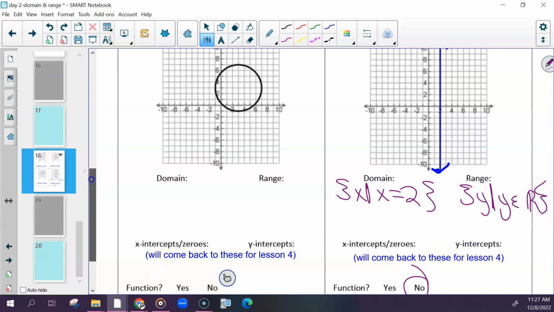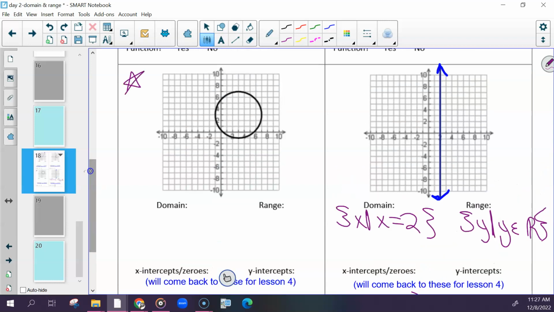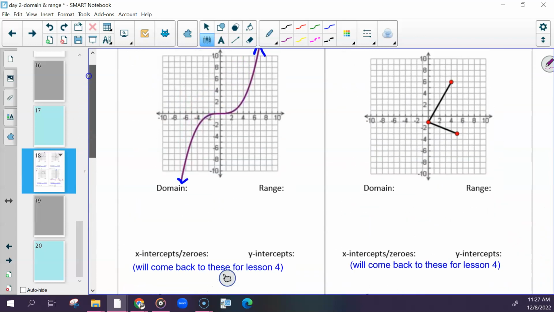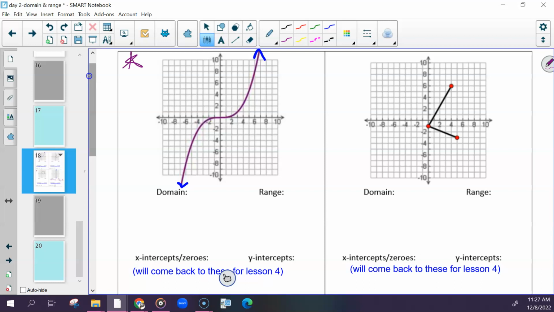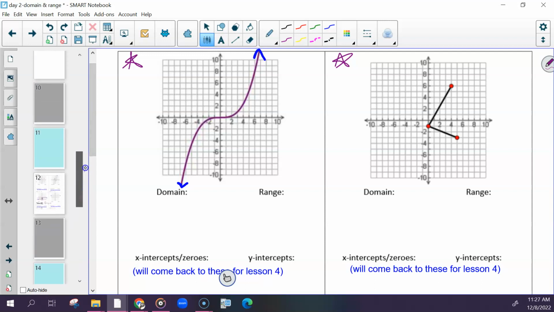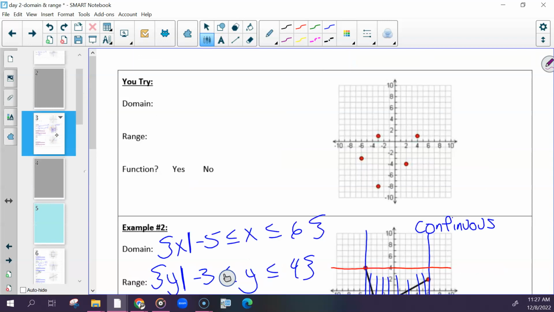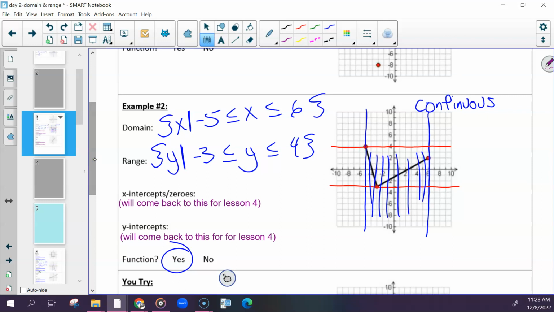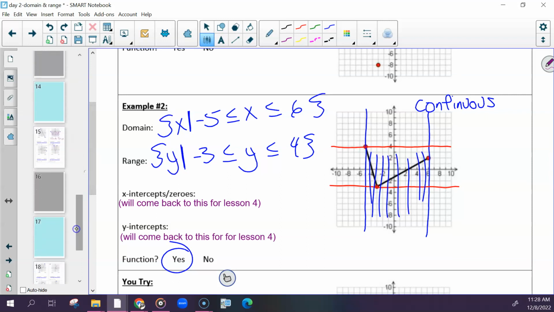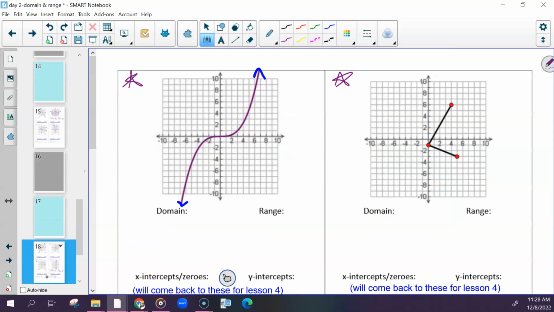Circle. The circle one. Cameron, this one? Yeah. Lily? This one? That? That might be the exact one, but it's a little different. Anyone else?